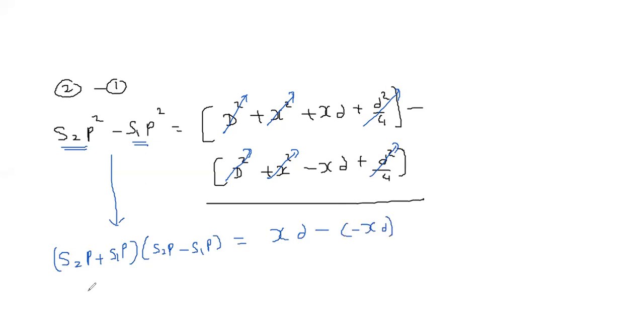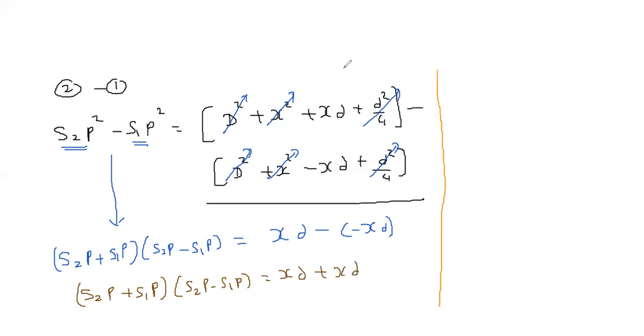So what are we getting? S2P plus S1P into S2P minus S1P equal to XD plus XD. Correct? Yes. So what is XD plus XD? 2XD. So S2P plus S1P into S2P minus S1P is equal to 2XD.